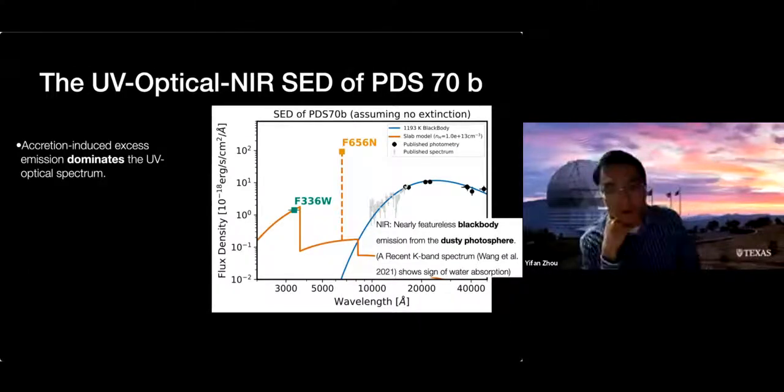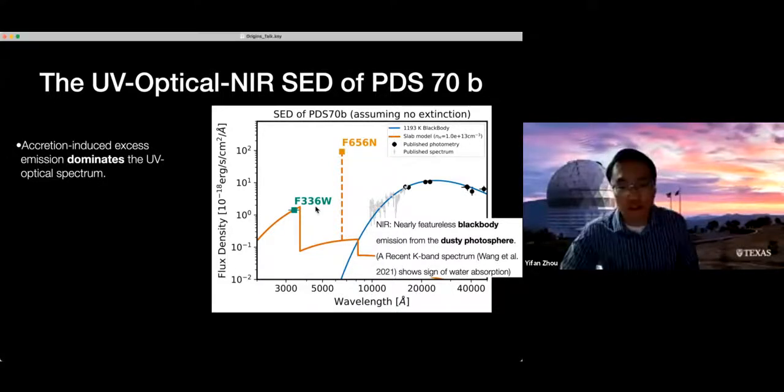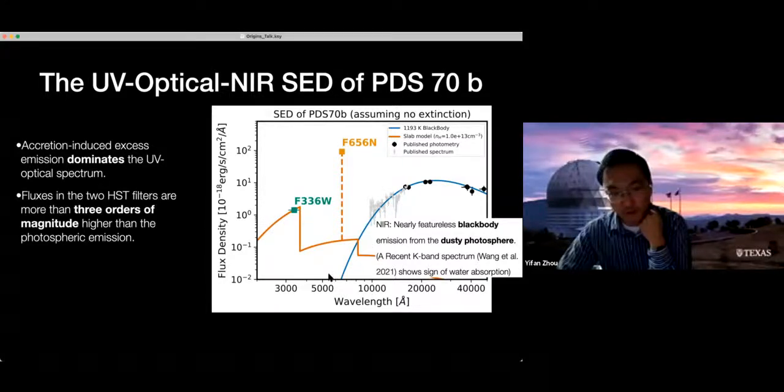So what can we learn from our observation? What our observation provides us is two photometry points for PDS 70b, one in H-alpha, one in the UV. If you compare to the near-infrared emission, which determines its photospheric emission, these two photometry points are significantly higher than the expected photospheric emission.